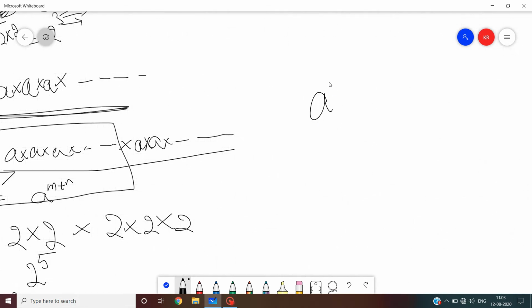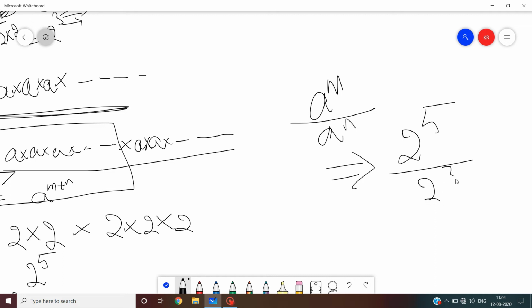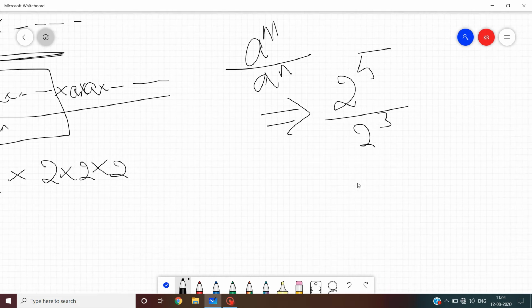What if I divide a power m by a power n? What result will I get? Let me take an example, 2 power 5 divided by 2 power 3.